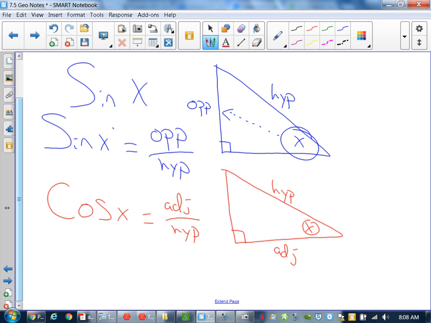And then the last one is tangent. The tangent doesn't utilize the hypotenuse. The tangent uses the opposite and the adjacent. Let me slide this up here.